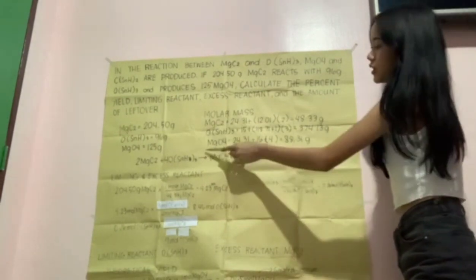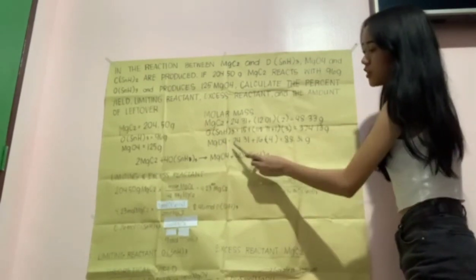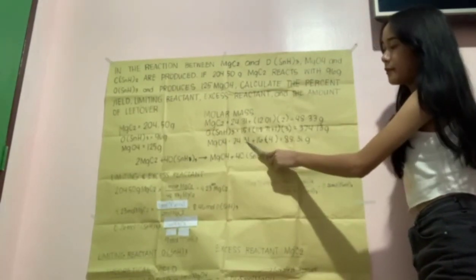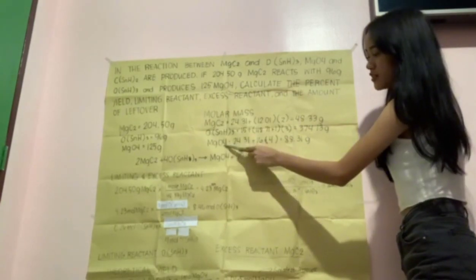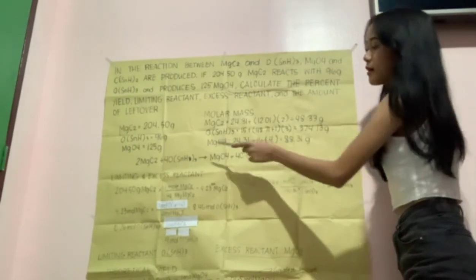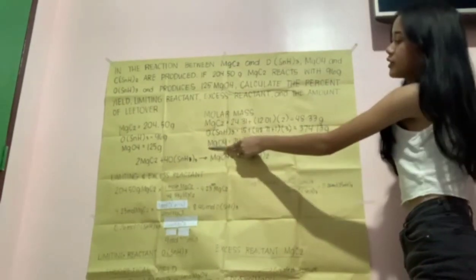And the last one is Mg has 24.31 molar mass, and O has 16. Then it has 4 beside it, which means we need to multiply this by 4. So the total molar mass of this chemical symbol is 88.31 g.